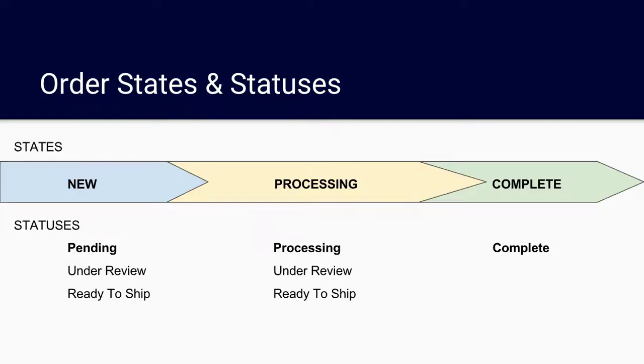Now this seems pretty basic, very simple, and that's exactly how it's designed. And in a minute we'll discuss a bit more about why it's designed this way and what are the benefits of this. So just to review, the three main states are new, processing, and complete, and the default statuses for each of those states are pending, processing, and complete.